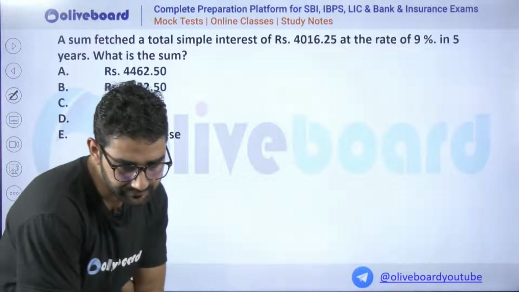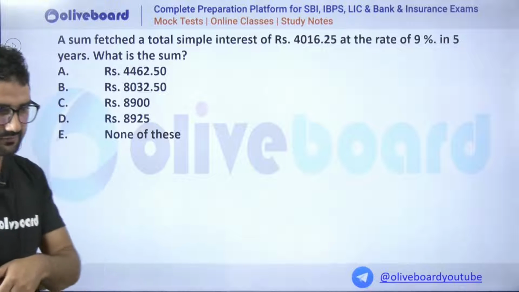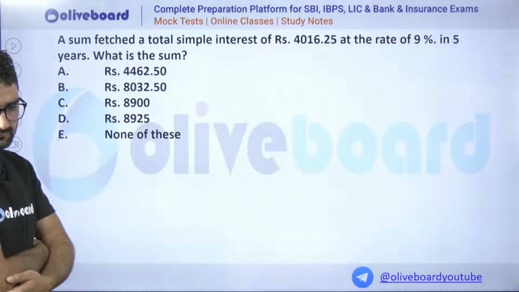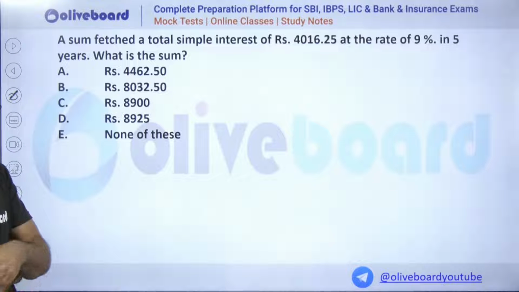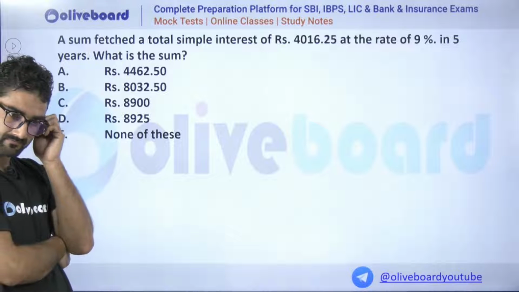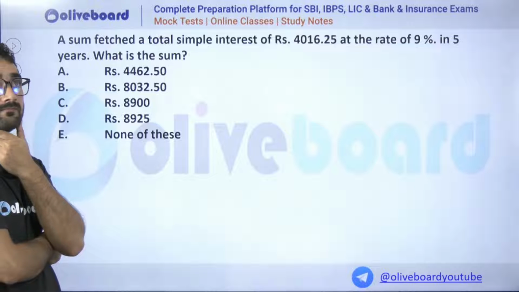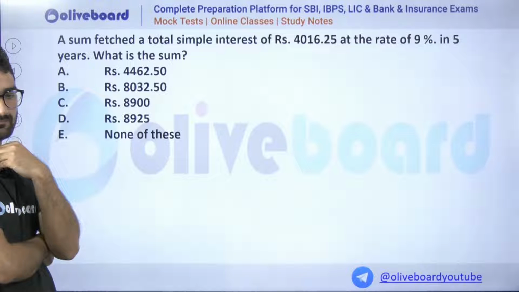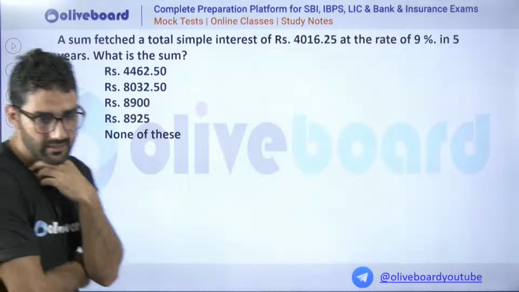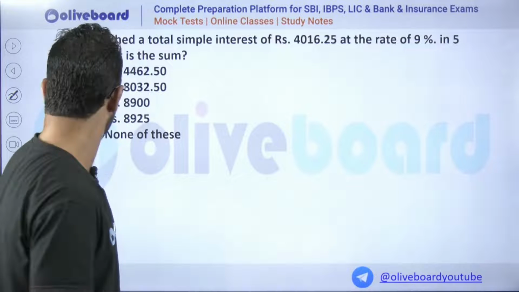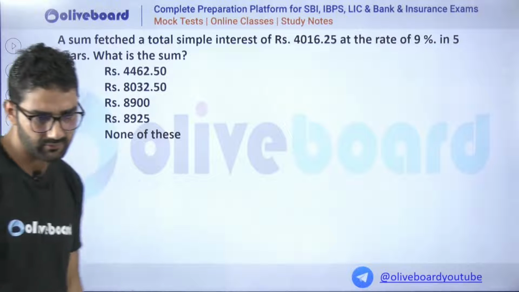Viswajit says it is 8900, option C. Some people are going for option C and some for option D. Saswat Das says 8925, and Pragati also says 8925.